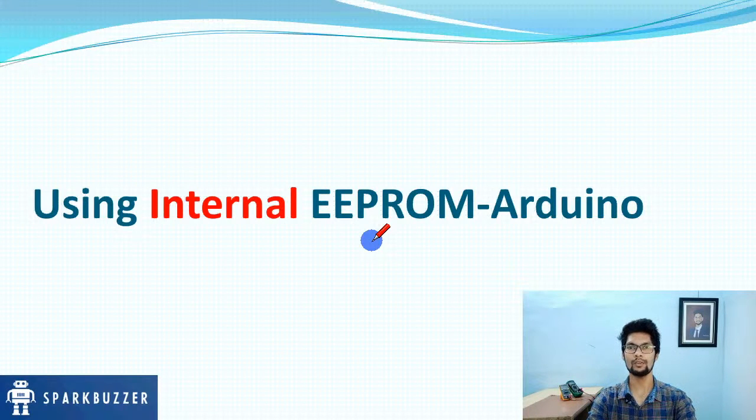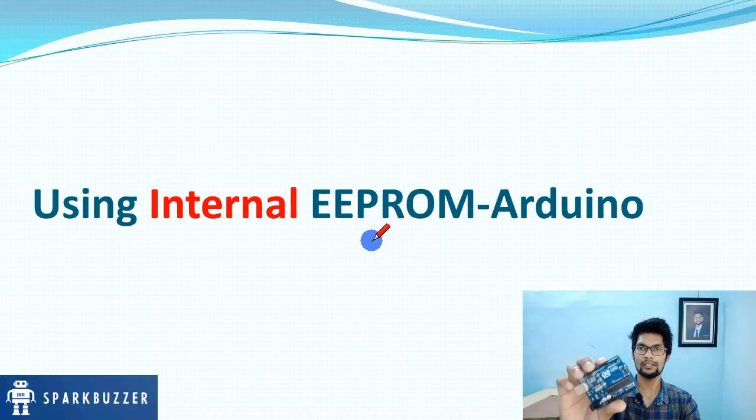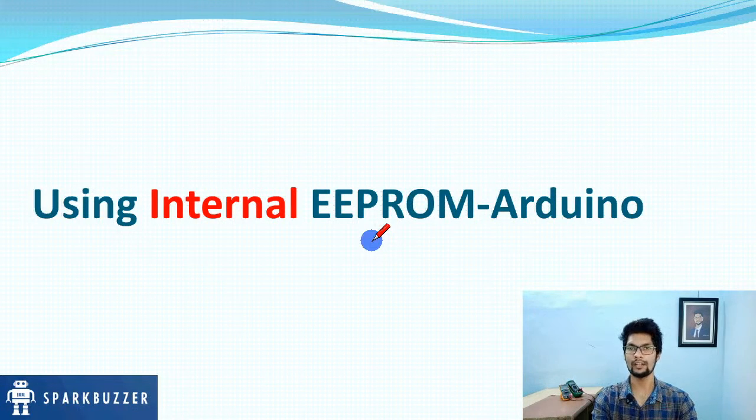We will start our EEPROM experiment using the internal EEPROM in the Arduino. For our experiment, I am using an Arduino Uno. In order to demonstrate the internal EEPROM, we would need a potentiometer in our Arduino project. I don't have a potentiometer right now, so I am going to write a 1, 2, 3, 4 sequence up to 254 in the EEPROM.